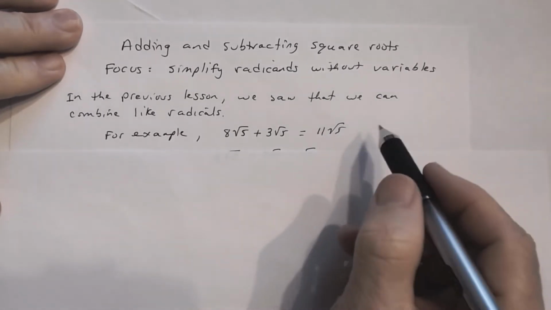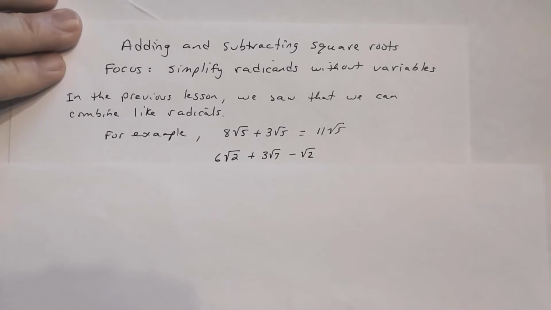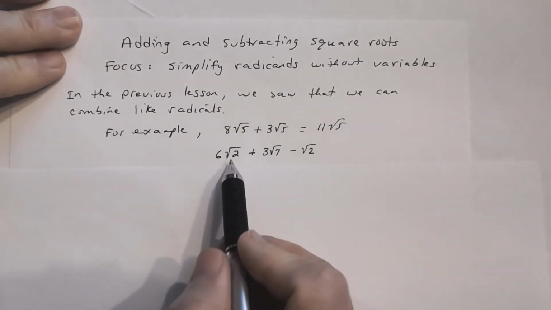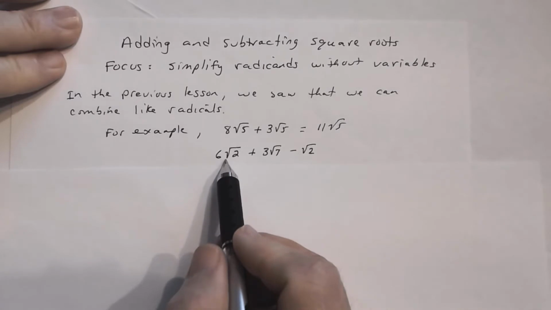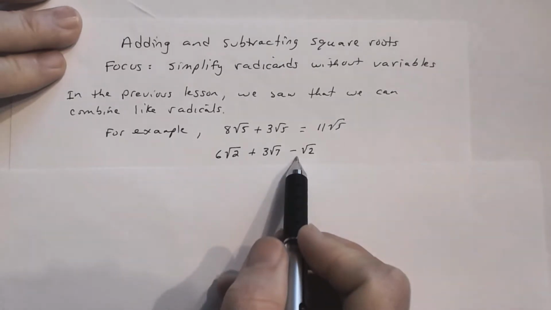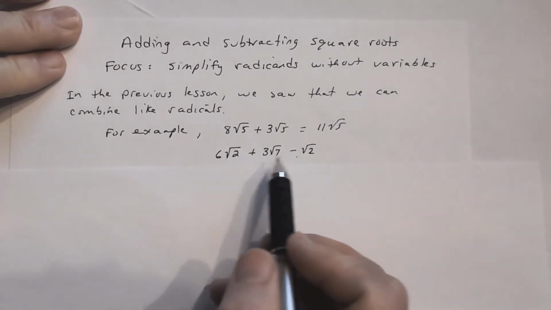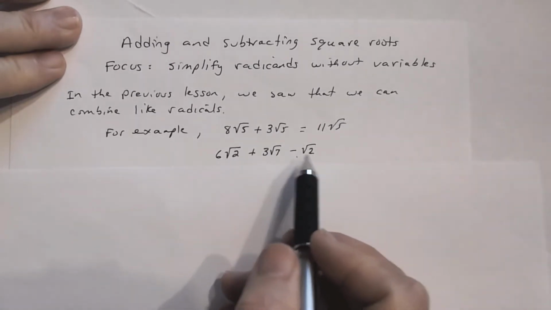Okay? And then if you look at the next one, notice these have 3 terms. Only 2 of those are like terms, though. The first term and the last term are alike. This term has the square root of 7 in it, which is different from these radicands. These radicands contain 2.